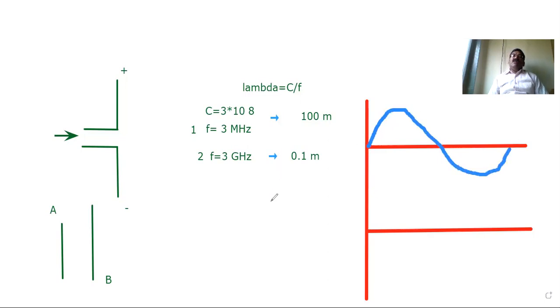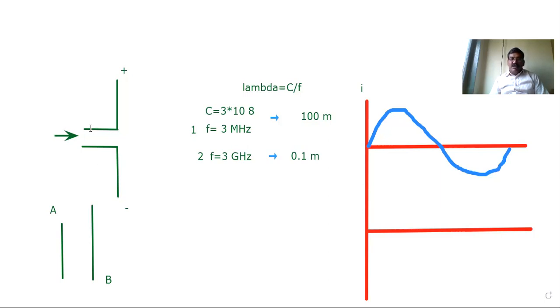Okay. Now this is the time period. Suppose this is the time period and on this axis this is the current I. So you know what is actually happening. Suppose this is the conductor, your antenna or conductor, and from here the source goes.